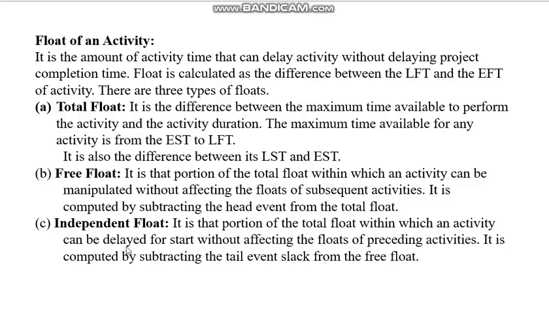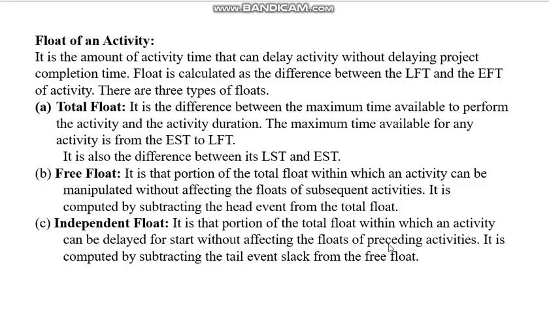Now the third type of float is called independent float. It is that portion of the total float within which an activity can be delayed for start without affecting the floats of preceding activities. In the previous one we saw subsequent activities; now here we are seeing preceding activities. For an event, the activities coming before it are the preceding activities, and those should not be affected.